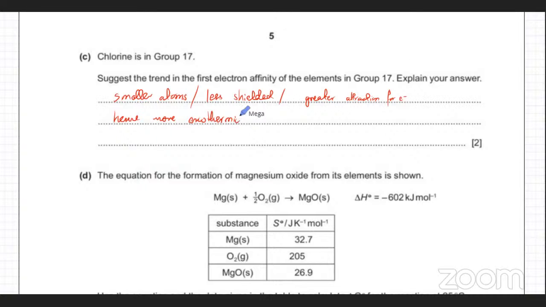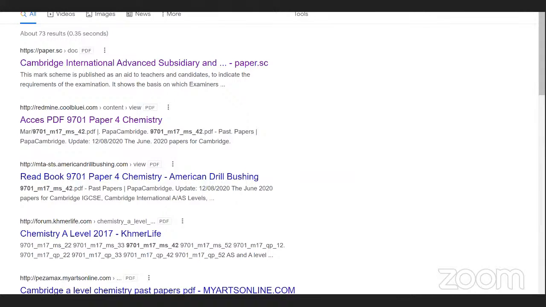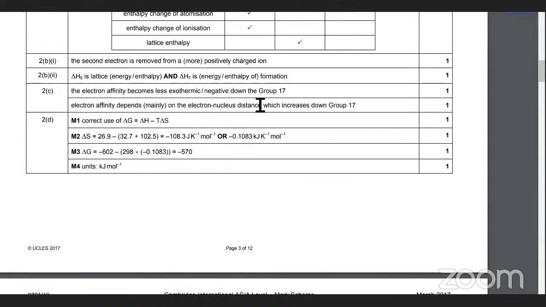So even this one we can quickly check. Electron affinity becomes less exothermic. That's true. It depends mainly on the electron nucleus distance, which he did talk about.